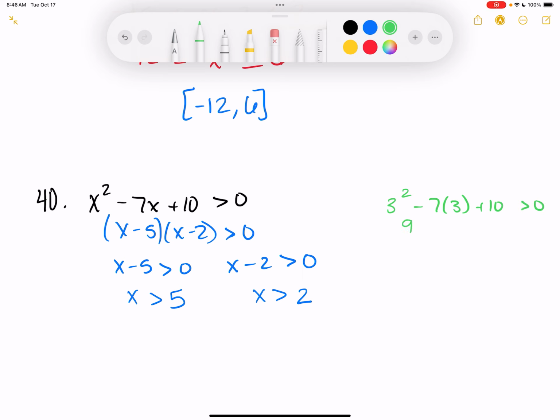So 9 minus 21 plus 10, so that's going to be 19 minus 21, which is negative 2, which is not greater than 0. So that tells me right there that this one is not going to work. So my stricter option is for x to be greater than 5. So my solution would be, because it's just greater than, a parentheses from 5 to infinity.